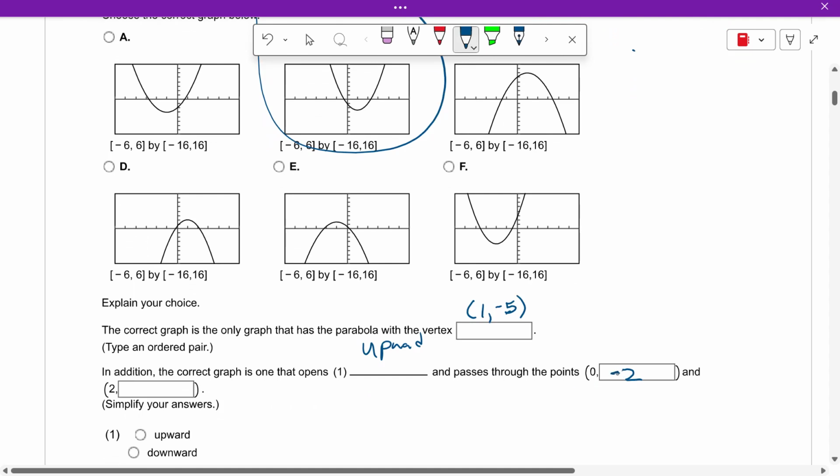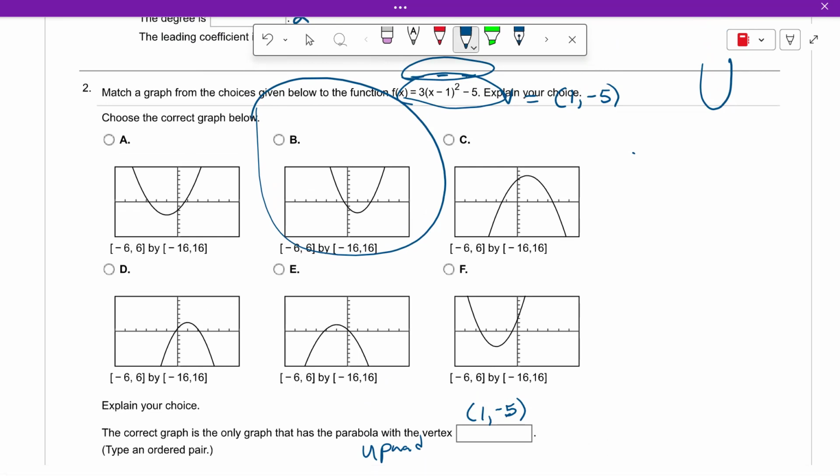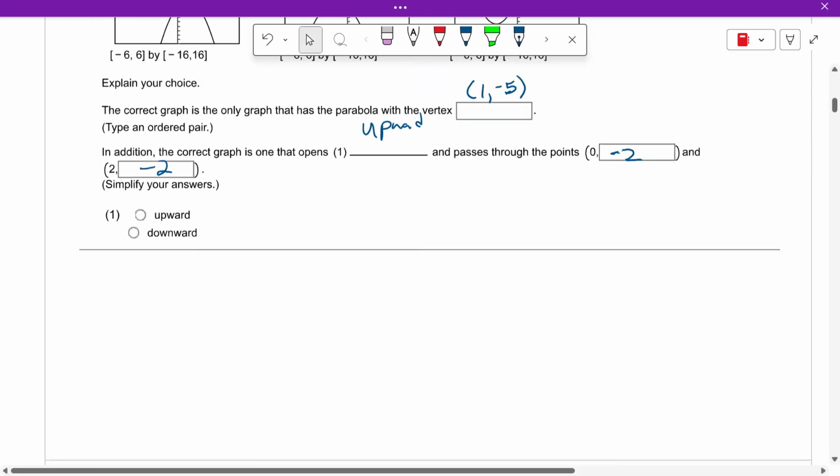And because this is 1 to the left of the vertex, you go 1 to the right of the vertex, everything's symmetrical. That will also be a -2. They match. You could also push trace on your graphing calculator. If you put this equation in your graphing calculator, you push trace and you push 0, it'll tell you where you're at. You're going to be at a -2.